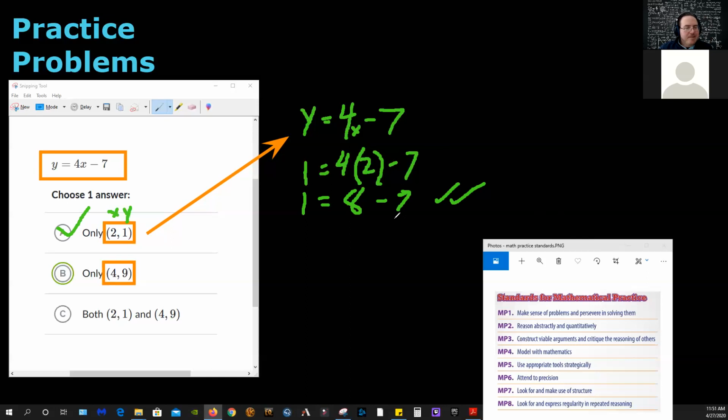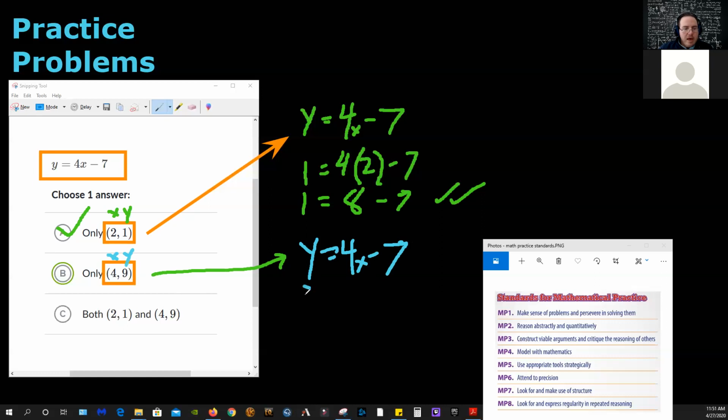Huh. Okay. Number 2 here. Let's do it in a different color. So we're going to test this one out. So it starts off as y equals 4x minus 7 again. And then we'll rewrite that putting the x and the y's in the correct places.